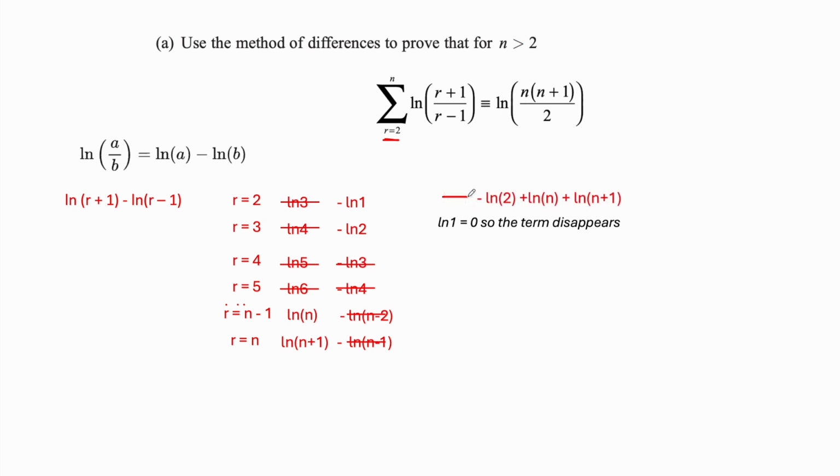And we get that. And then we need to use our laws of logarithms again. And we're going to just also rewrite this. And one of the laws states that ln a plus ln b equals ln a times b. So this bit here will just be ln n bracket n plus 1. And ln a minus ln b equals ln a over b.